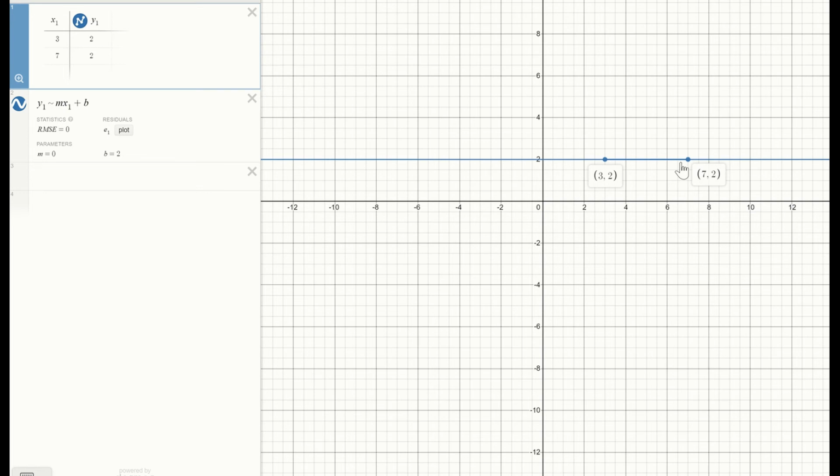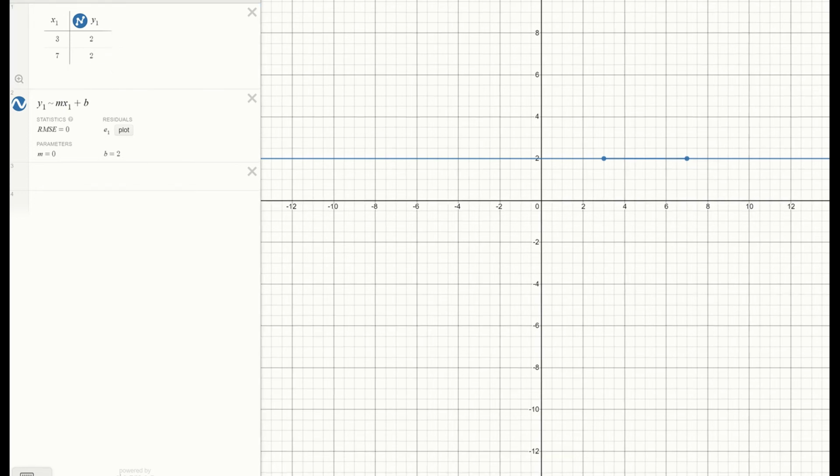Using the formula would work as well. Let me bring up my grapher. We know that m equals y2 minus y1 over x2 minus x1, right?